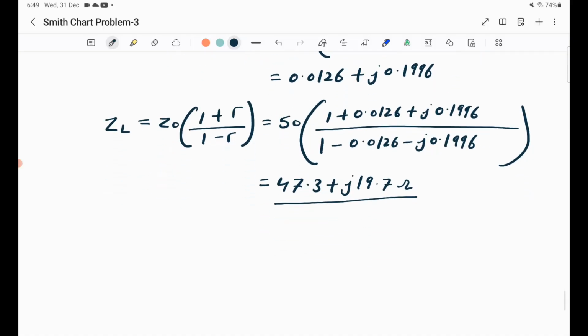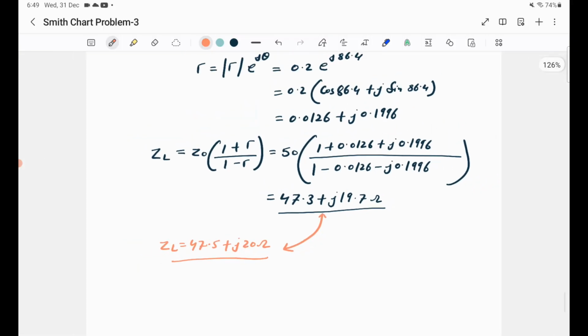And the value of ZL which we have found using the Smith chart is 47.5 plus j20 ohm. If you see these two values, they are approximately close to each other. Therefore, we can say that numerically it is also verified.